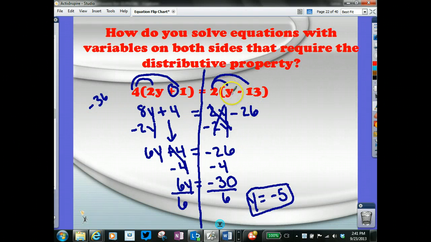Well, negative 5 minus 13, and that's going to give you what, negative 18 times 2, negative 36. So negative 5 fits as your solution. Again, just to check it, just plug it back in for the variable and use your order of operations.